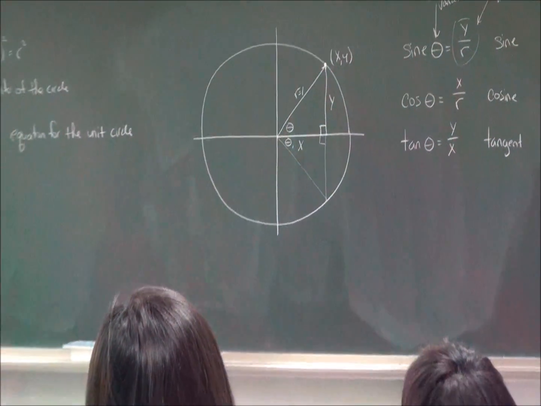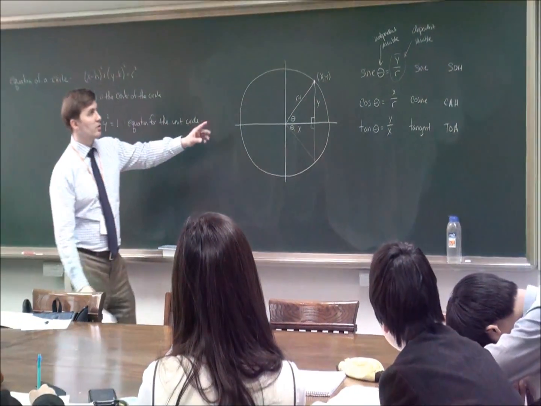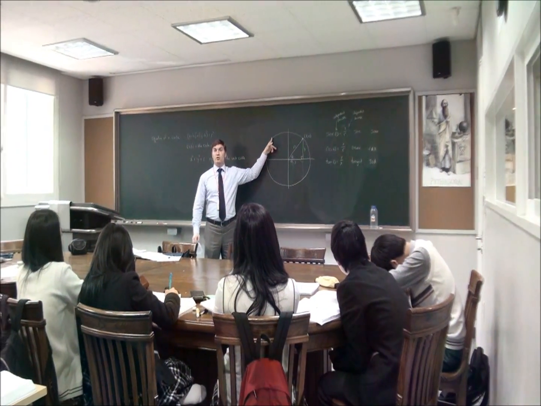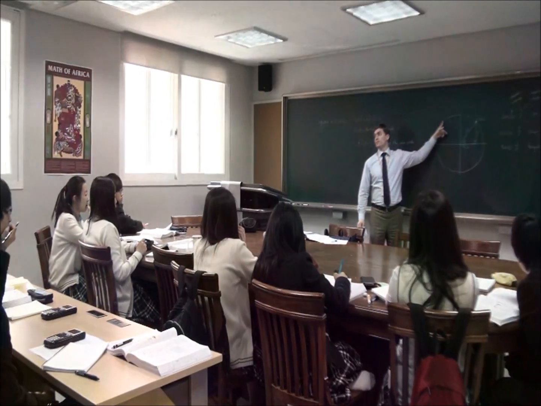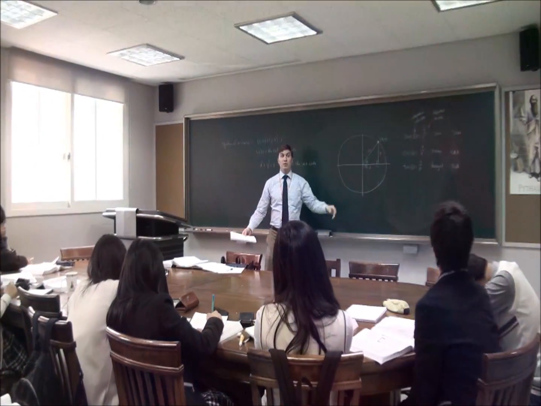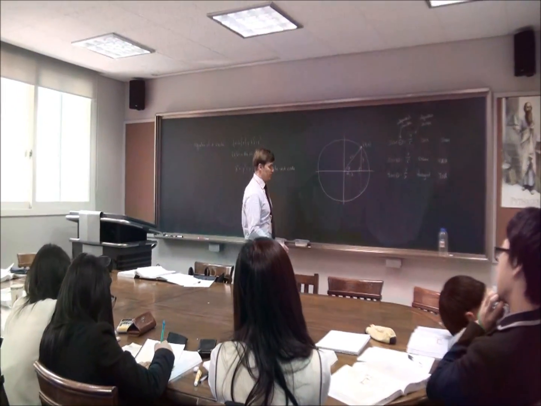Negative y. And this gets a little ahead of different angles, but if I were to make an angle where the point falls over here, what would the cosine value be? Negative x. Okay, very good.